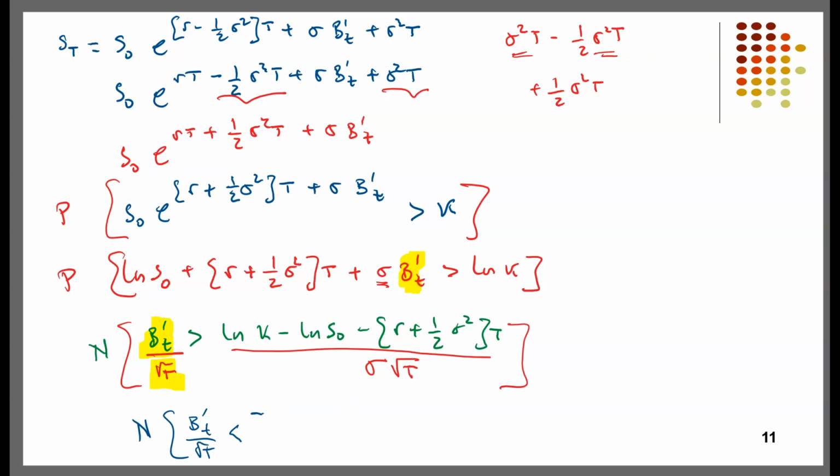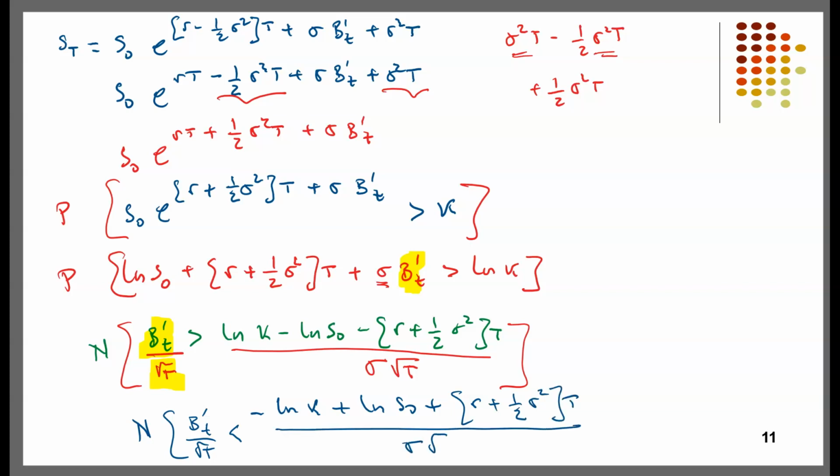Let's write that better. Log of the strike price plus the log of the stock price, plus what we're going to have is r plus 1/2 of the variance multiplied by t, that is divided by standard deviation square root of t, and that's what we have.